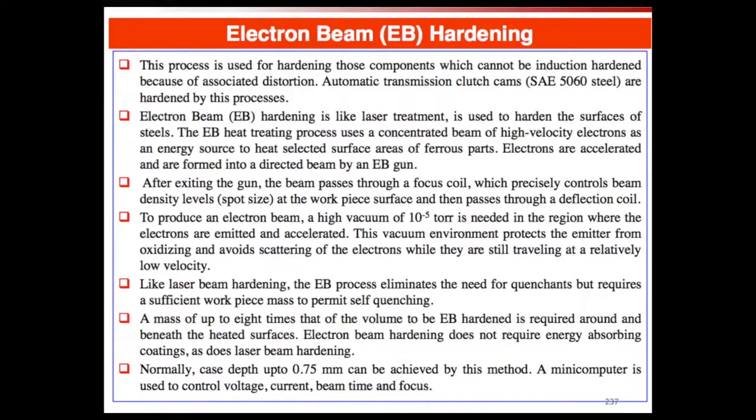You need vacuum, right, to control the electron beam. So your parts need to be under high vacuum, right? So it adds a significant amount of complications to the process, right?